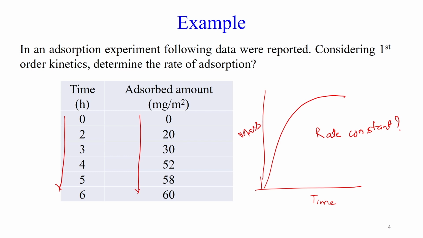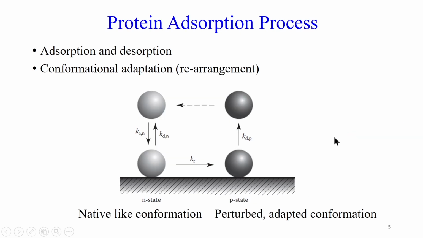So, first let us see what happens during the adsorption of protein. Typically, if we just see here, this is protein in the bulk solution, and it is coming onto the surface. So, the first step is adsorption and desorption. You can see this is the adsorption and this is the desorption.